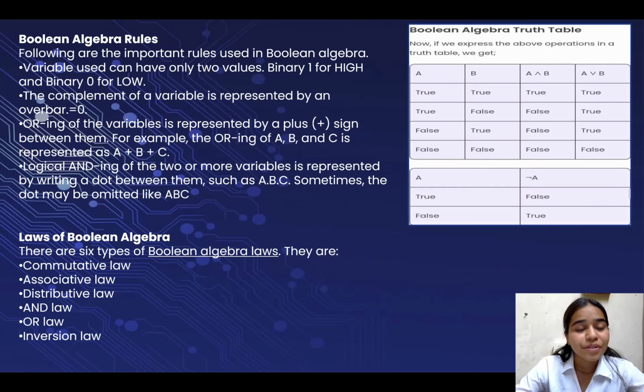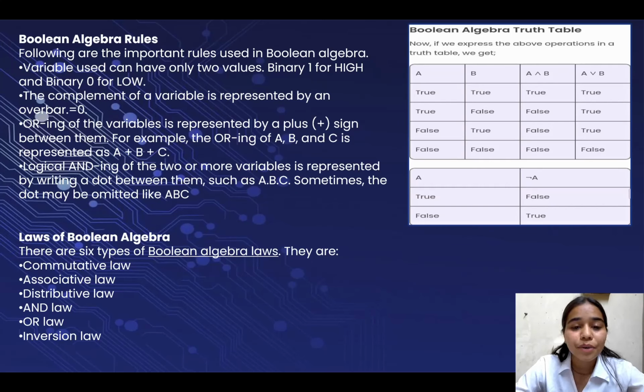Boolean algebra rules. Following are the important rules used in Boolean algebra. First, a variable can have only two values, binary 1 for high and binary 0 for low. The complement of a variable is represented by an over bar. OR of variables is represented by the plus sign between them.